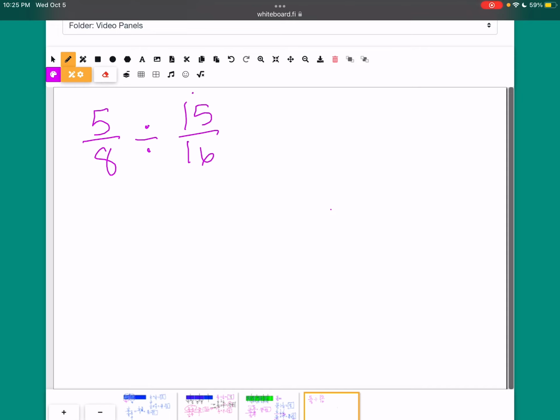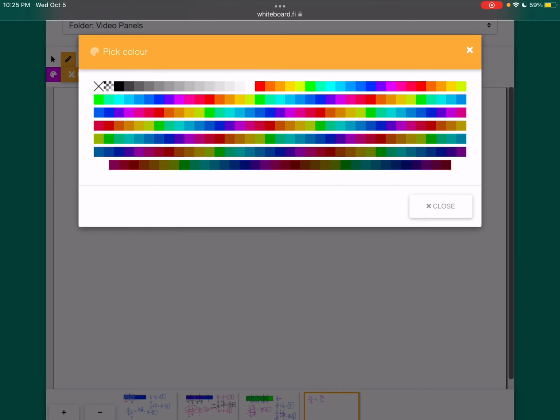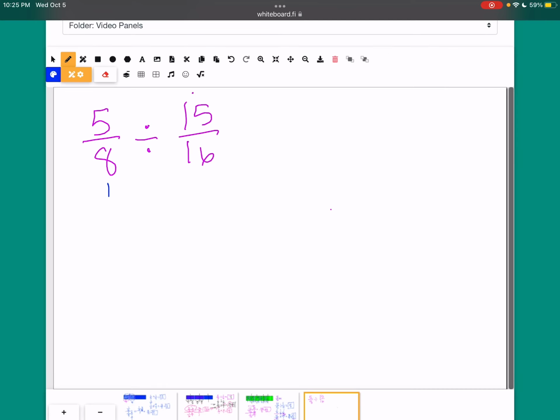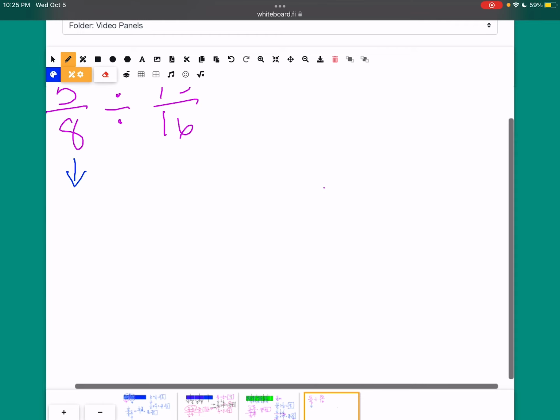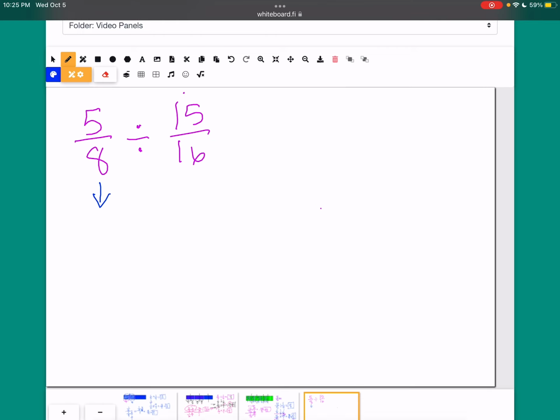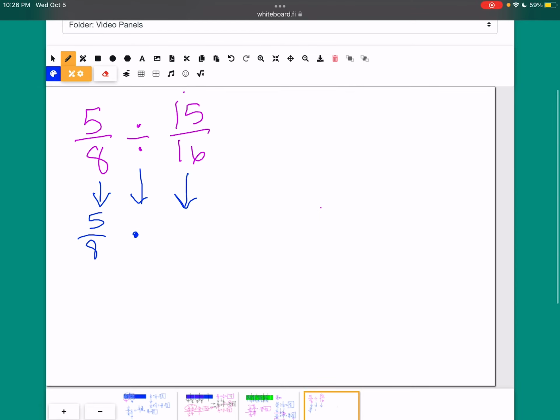And the drawing for this is going to be so complicated, I don't even want to go there. I have no desire to do the drawing for this picture, or the picture for this problem. I don't know about you. So I'm going to apply what I know, that I can take my fraction that I'm dividing, and instead of dividing, I'm going to multiply an inverse operation by the inverted fraction, 16/15.